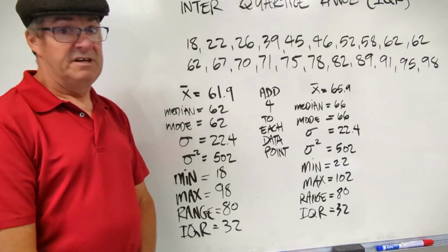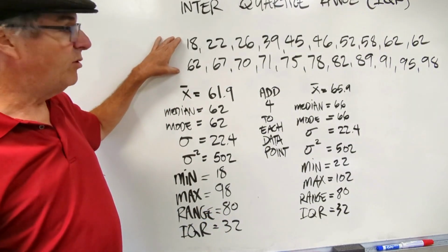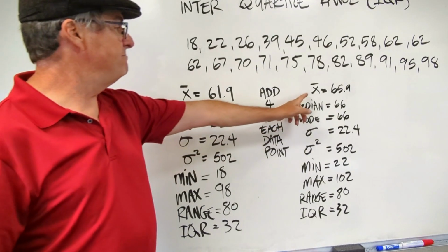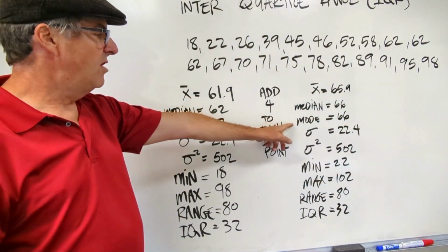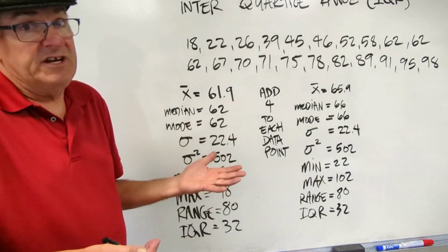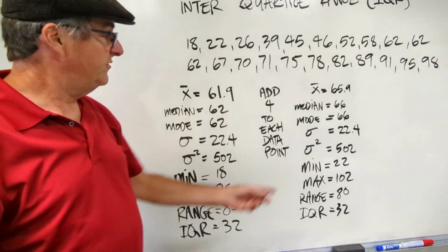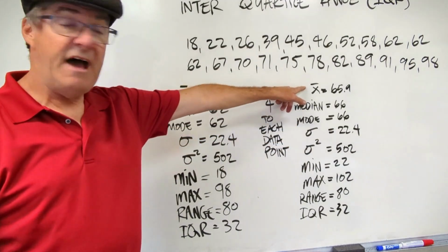Let's see how you did. So when I went to my calculator and I added 4 to every data point in here, what I've got is my mean increased to 65.9, my median, my mode also increased. That makes sense because I just increased every value by 4. So these values just increased by 4, as did that one.